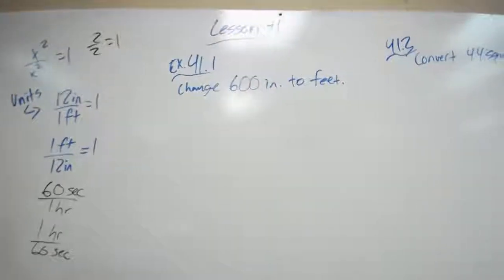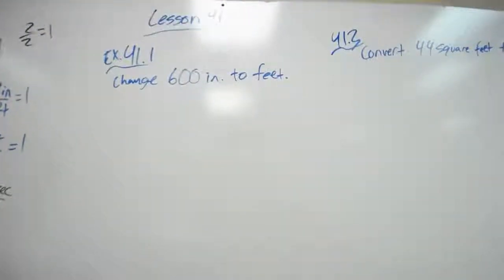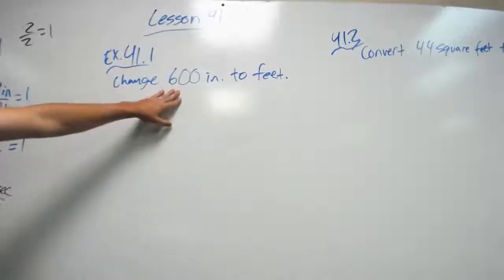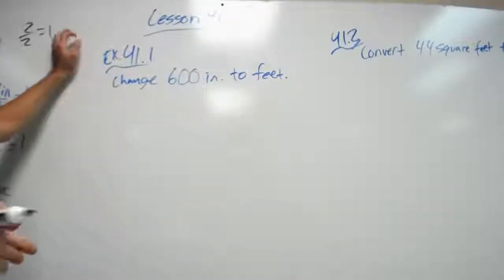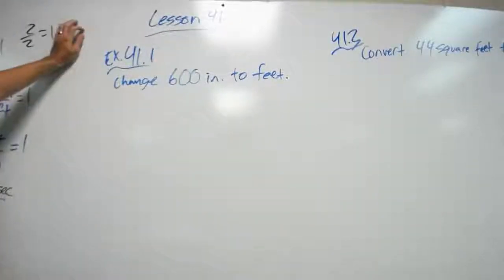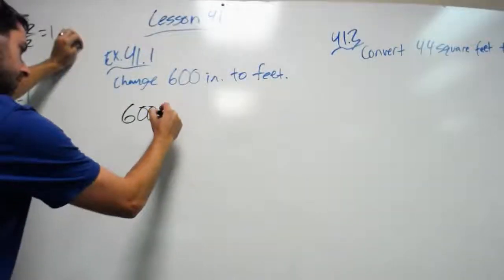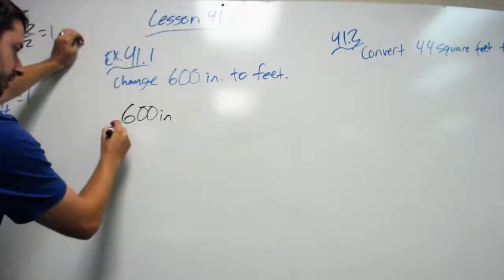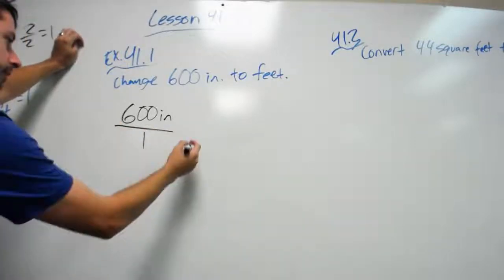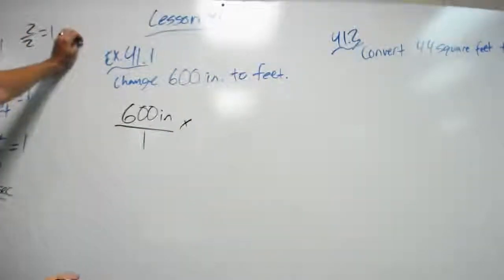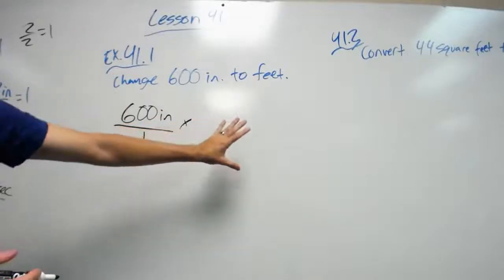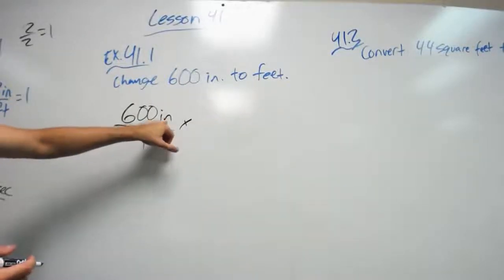And so when we're changing, like in example 41.1, when we're changing inches to feet here, we're given 600 inches. So how we do these problems is I like to write 600 inches, and usually it helps people to see it over 1. And now we have to multiply by something, some sort of unit, in order to convert inches to feet.